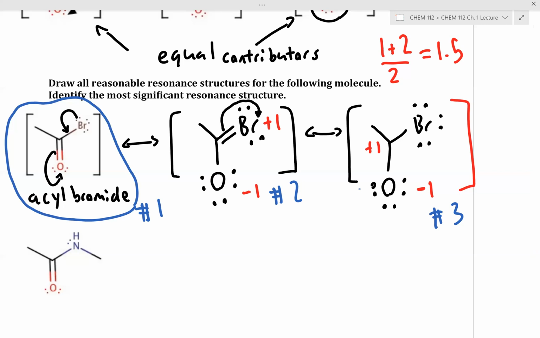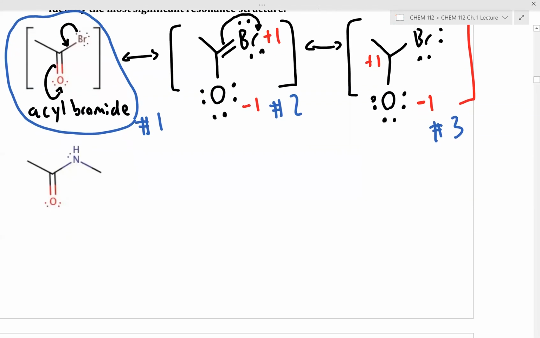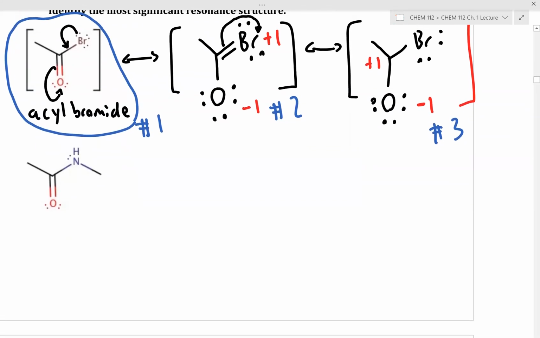Now, what I want us to consider next is an amide. Now, amides are quite special. What I want you to do is to draw the resonance structure for an amide, draw at least 2 resonance structures, rank them in terms of their relative contribution, and then what I want you to do as an exercise is compare the second contributor for your acyl bromide to the second contributor for your amide, and tell me which resonance structure has greater sway in the hybrid.